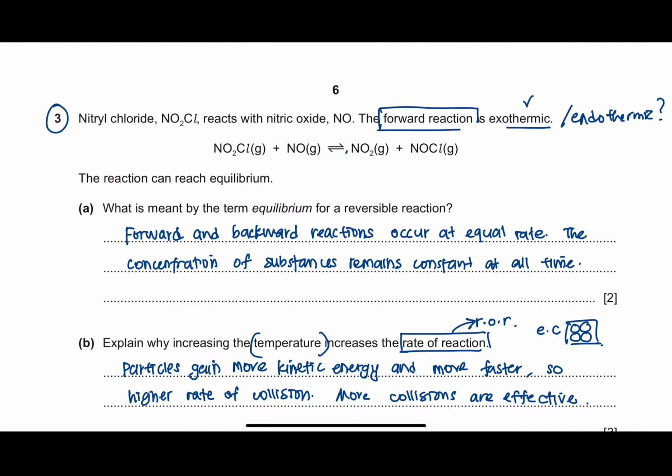For example, you have 1 nitrile chloride here and 1 nitrogen oxide here. That means on your reactant side, you have 2 moles. Looking at your product, you have 1 nitrogen dioxide and 1 nitrosyl chloride, giving you also 2 moles for your product. So you have an equal number of moles on your reactant and your product.